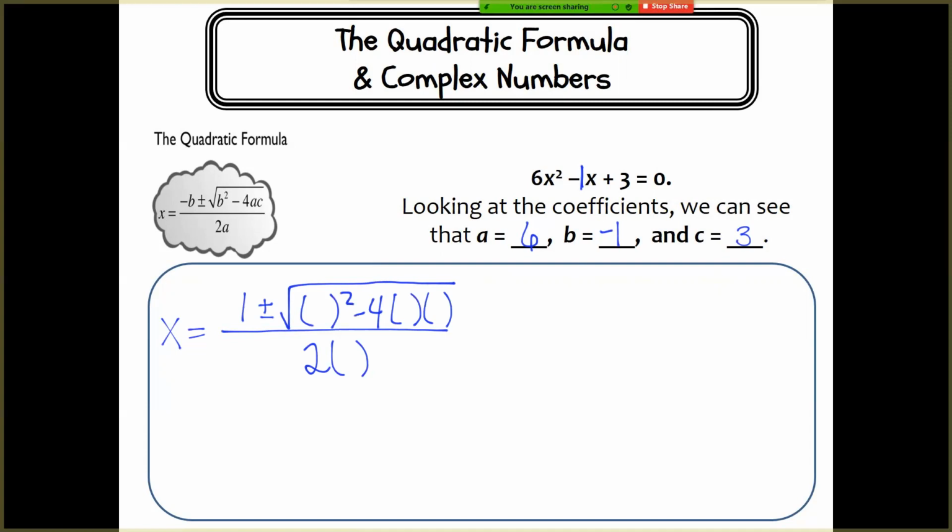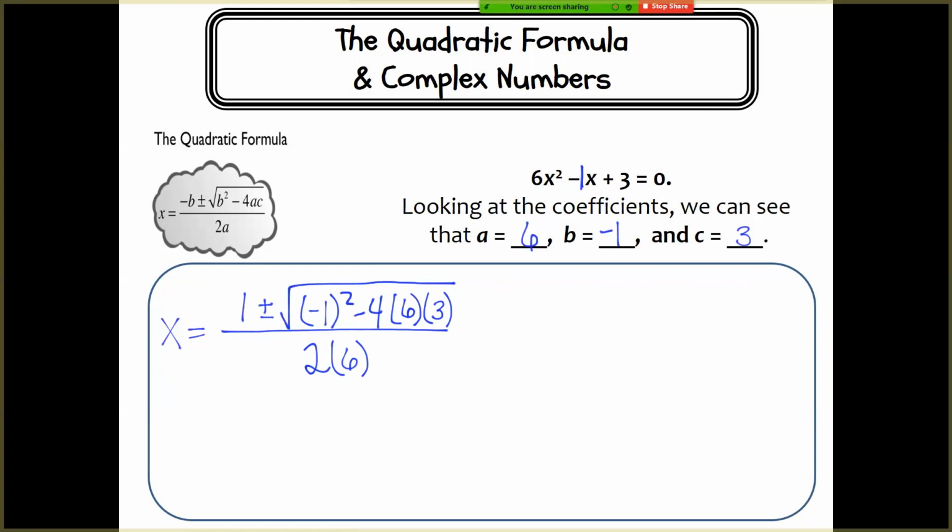Well, B is negative 1, so negative 1 squared minus 4 times A, which is 6, times C, which is 3. All divided by 2 times A is 6. So automatically getting 1 point for just writing this all down.